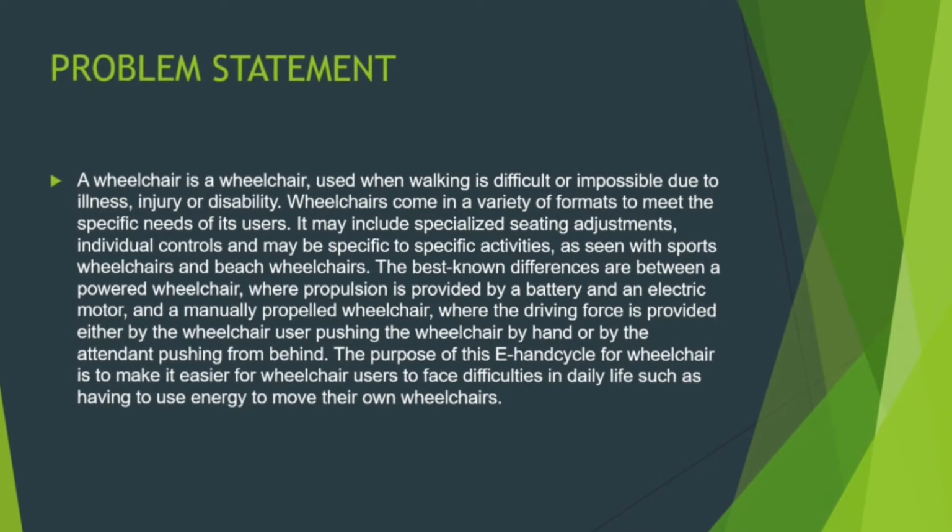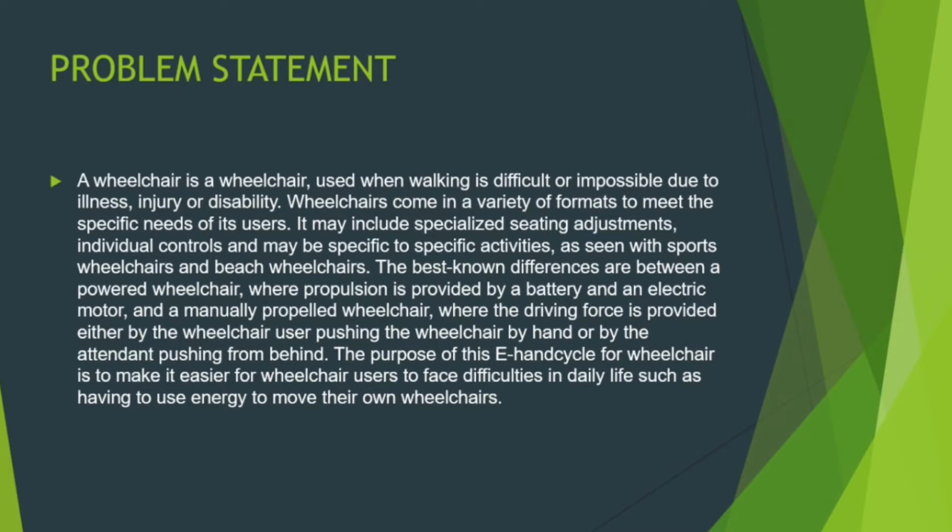Problem statement. A wheelchair is used when walking is difficult or impossible due to illness, injury, or disability. Wheelchairs come in a variety of formats to meet the specific needs of each user. It may include specialized seating adjustments, individual controls, and may be specific to specific activities as seen with sports wheelchairs and beach wheelchairs.